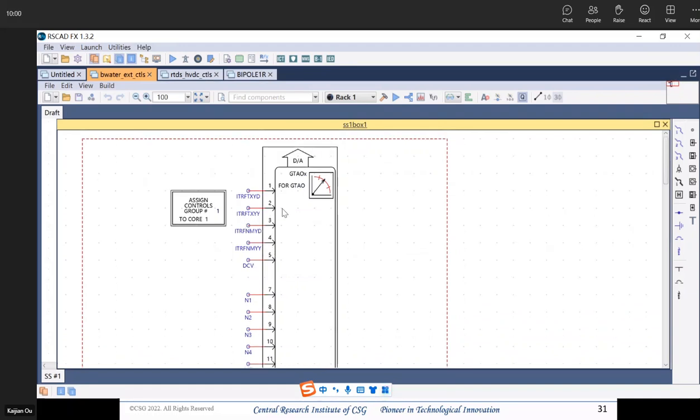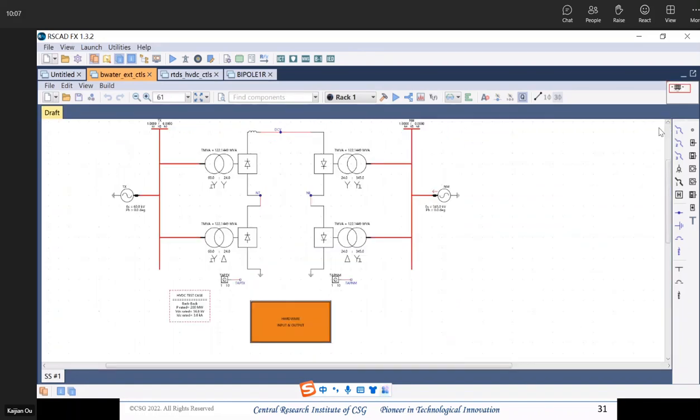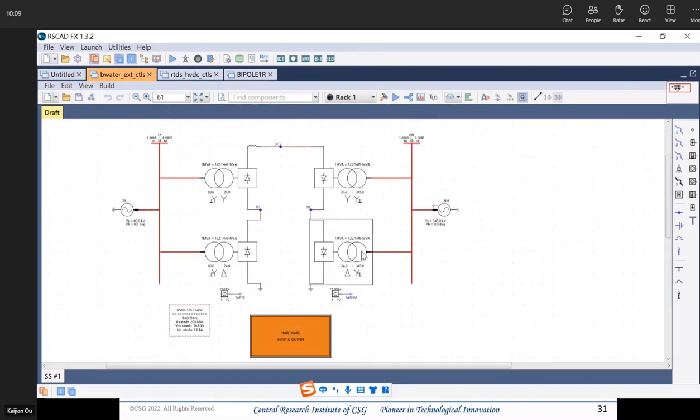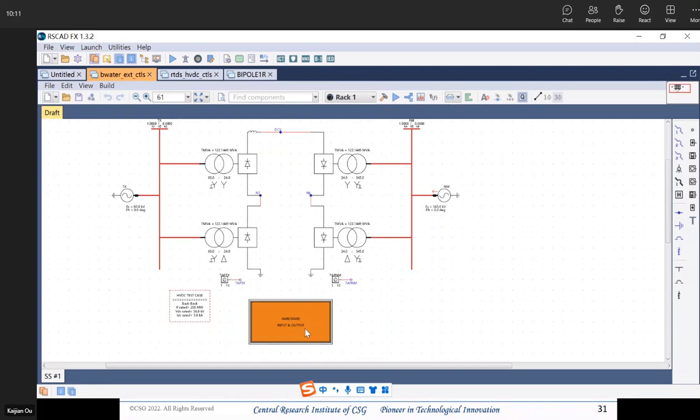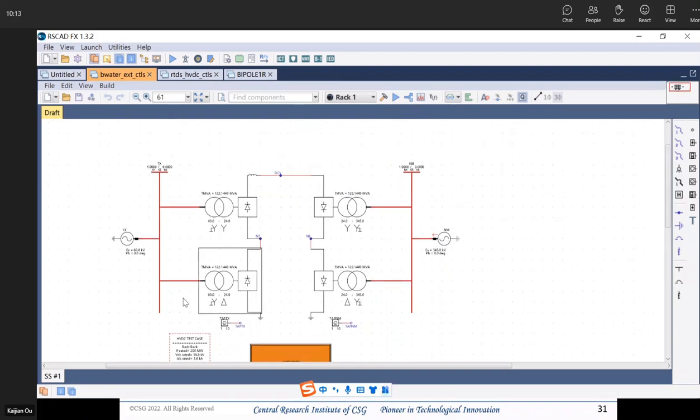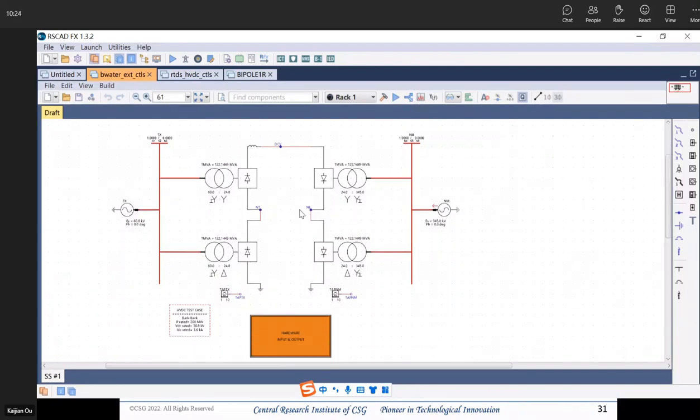It will connect to the physical HVDC control. So there is no control in the model, because the HVDC control uses the physical HVDC control cubicle. So this model is a little simple.